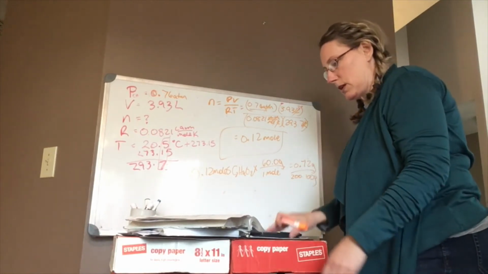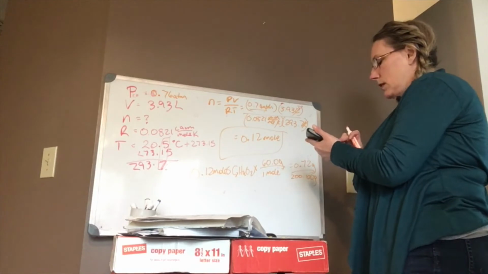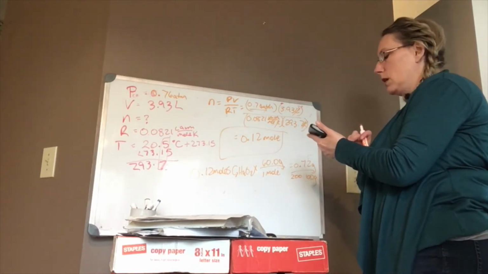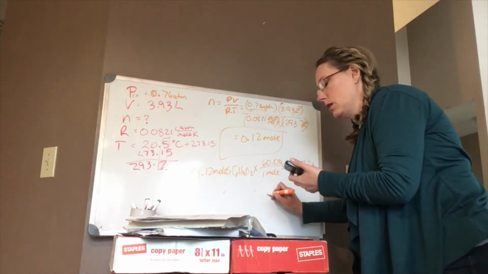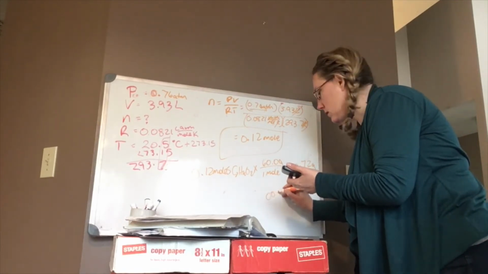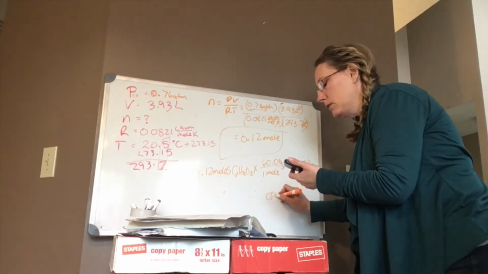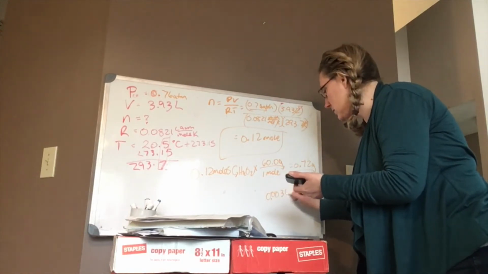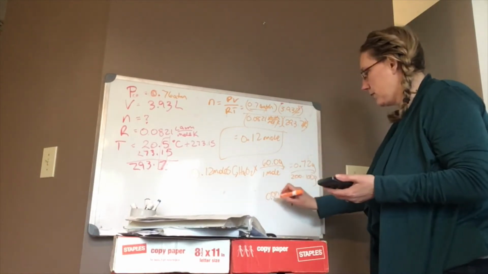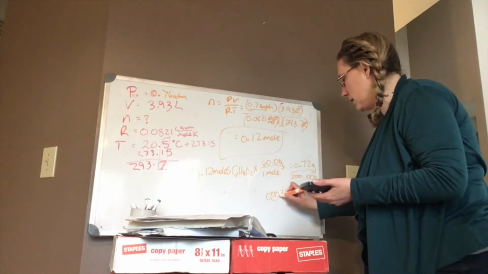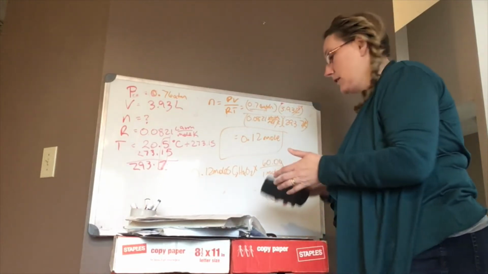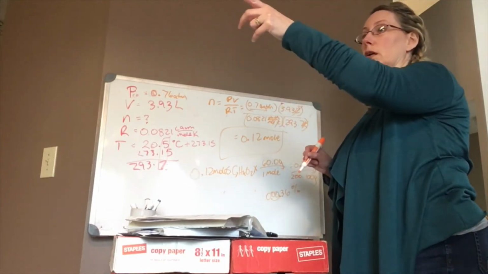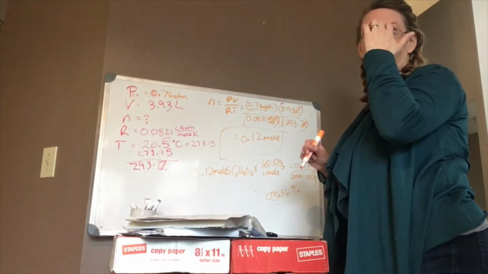So let's find the percentage. 0.72 over 200 equals 0.0036. To make that a percent, you would do 0.36%. It actually should be closer to 5%, because if you look on the bottle, it says 5% vinegar.